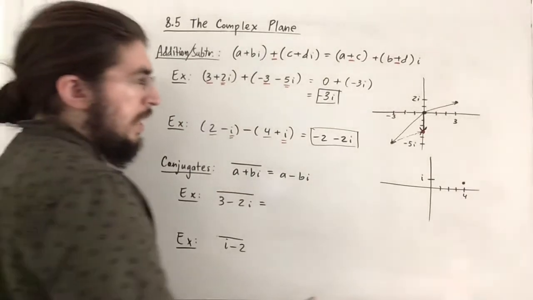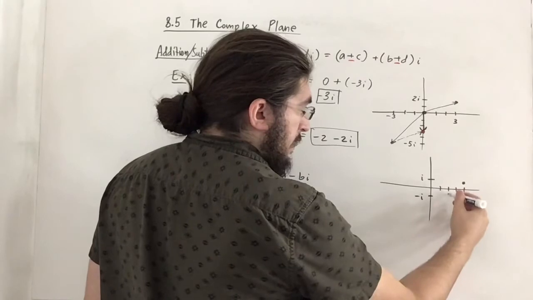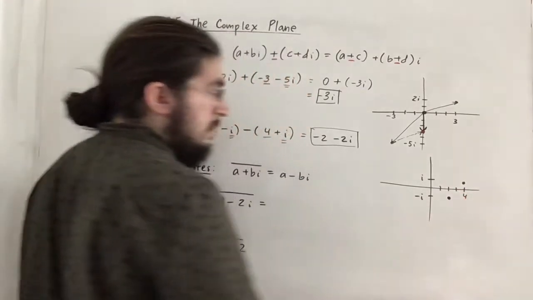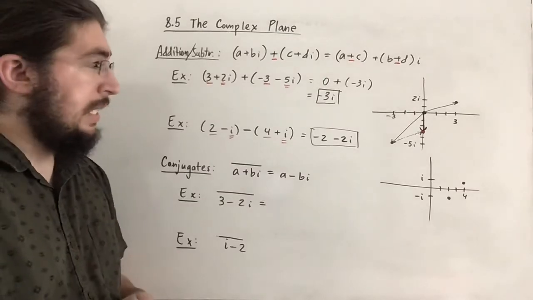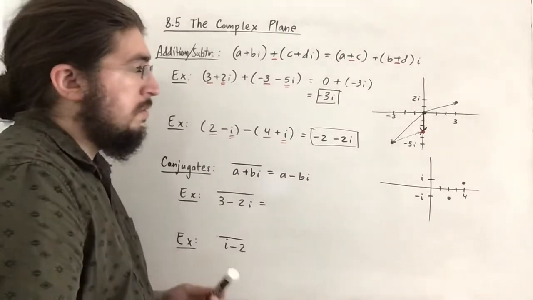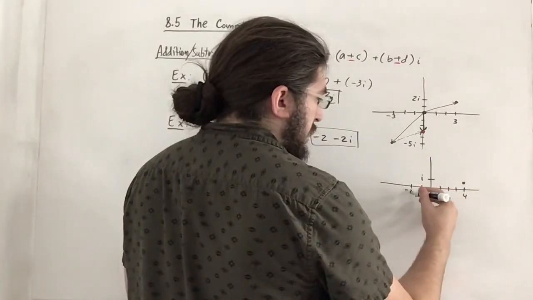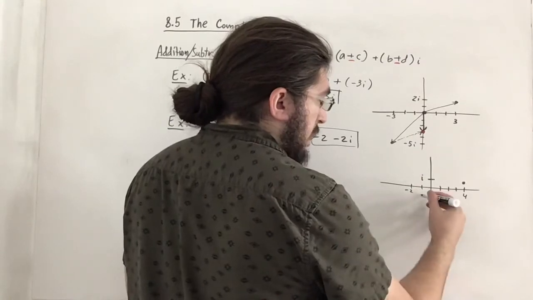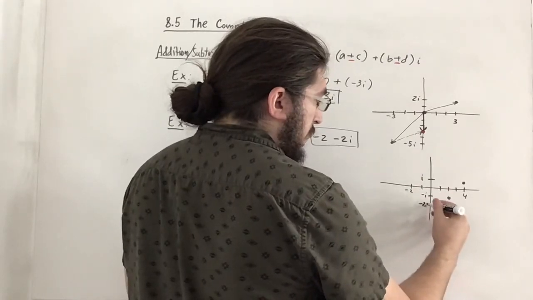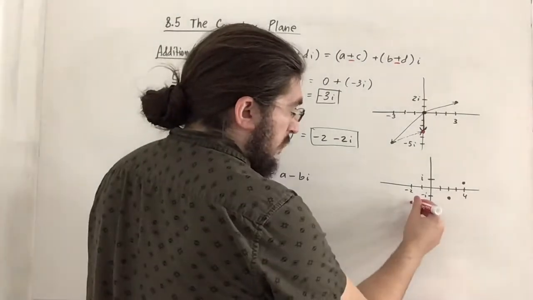And 2 minus i is going to be down here at the real part 2 and imaginary part negative 1. Fantastic. Now the result was negative 2 minus 2i. The negative 2 is over here, and a minus 2i I should say, so that's going to be down here. Let me kind of move our tick marks a little bit. Okay. So the result in red, much like we had before, is over here now.